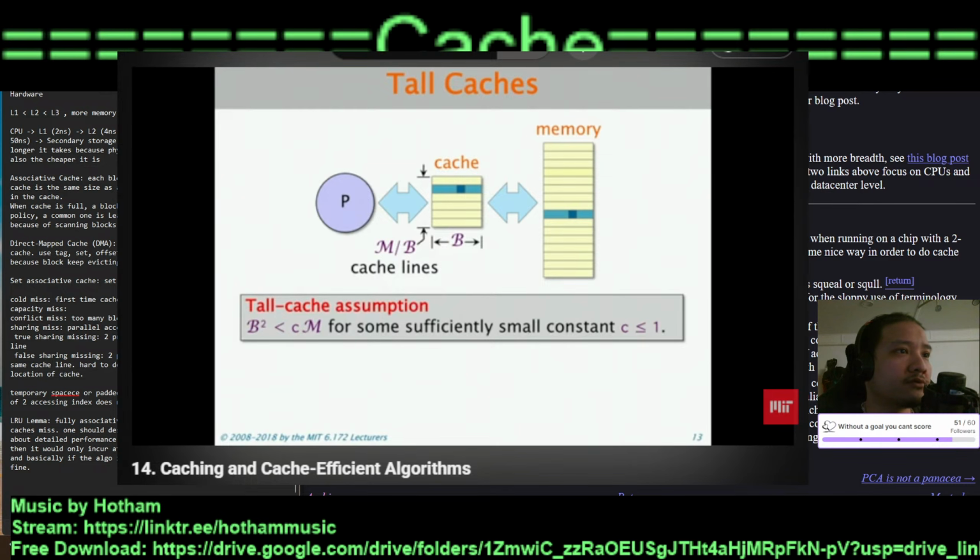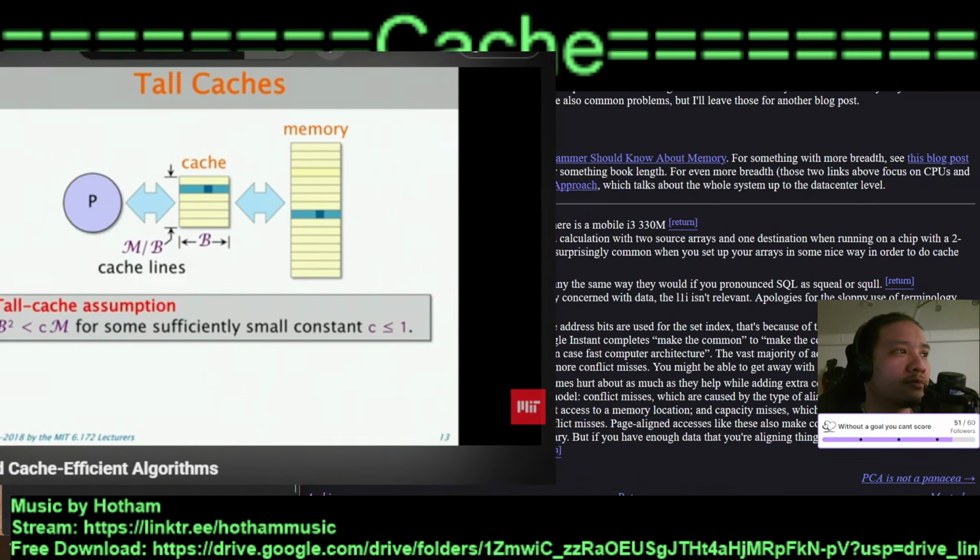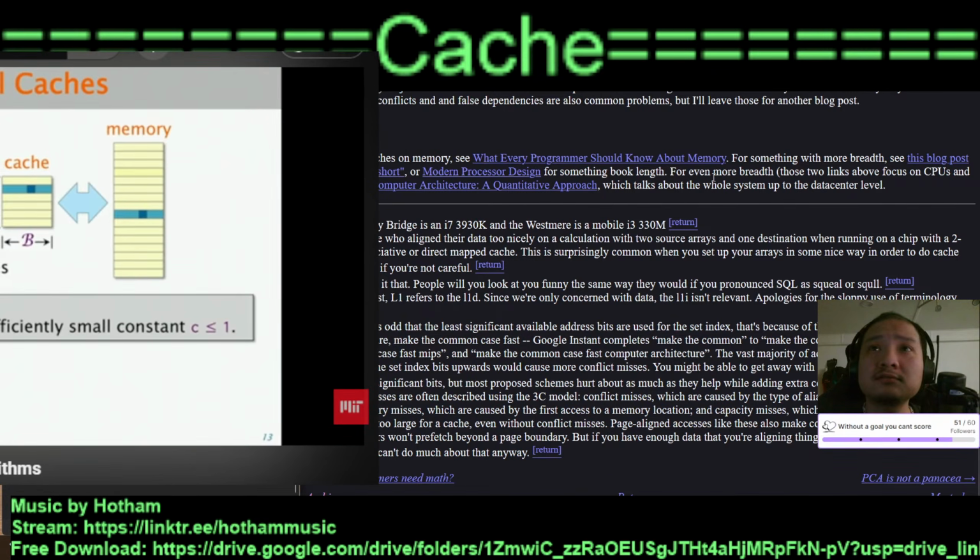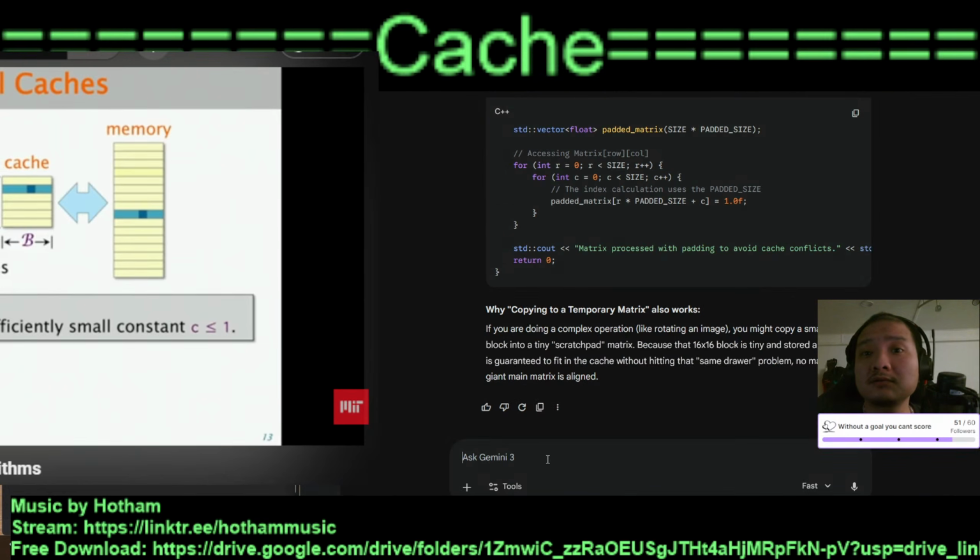Okay, before we move on to the next one, hold on. Let's ask Gemini what is the LRU lemma and what is the takeaway. So basically the professor said that if your algorithm is good, the cache miss is no big deal.